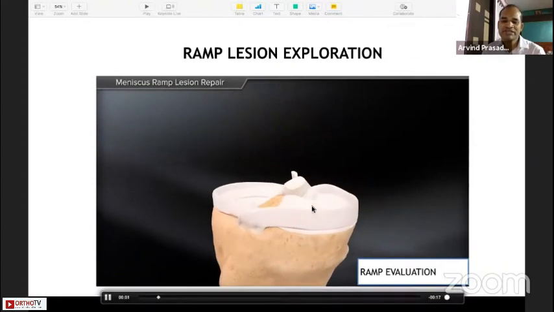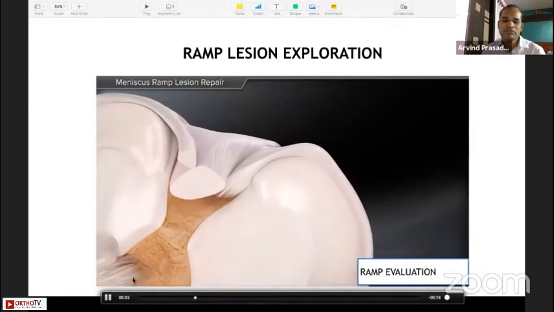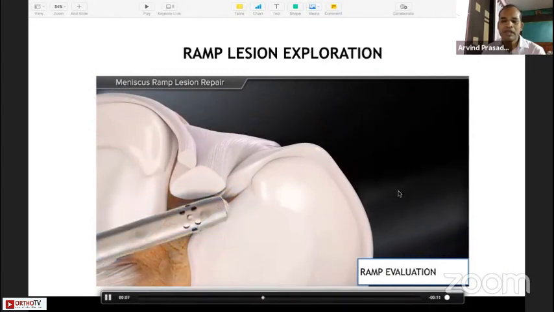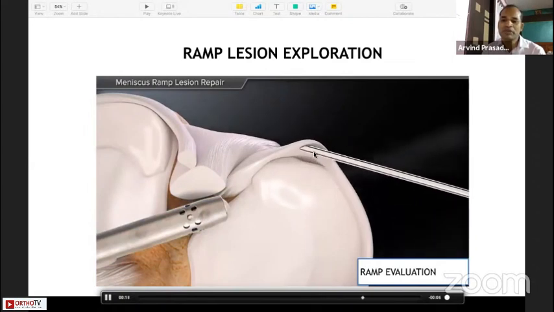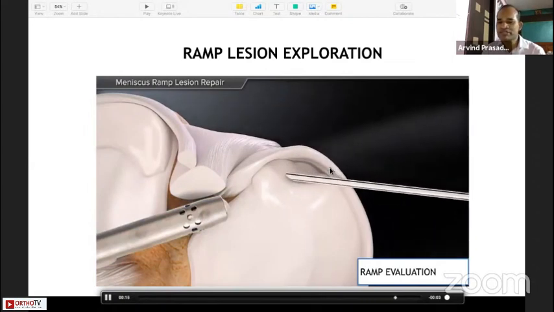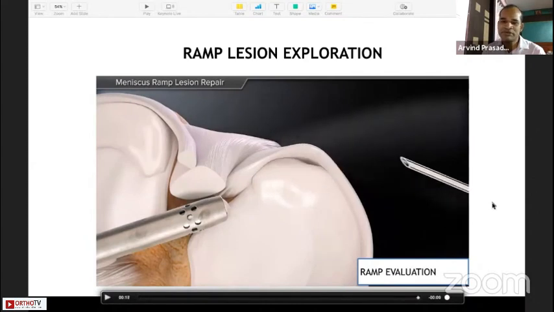Like here, we can see you first pass your scope in the posteromedial gutter, and then from the posteromedial portal side, you pass the needle and probe the capsule as well as the meniscus and look for any separation.